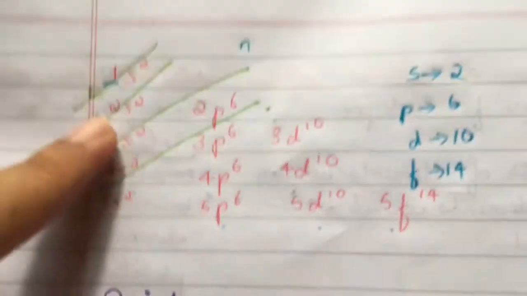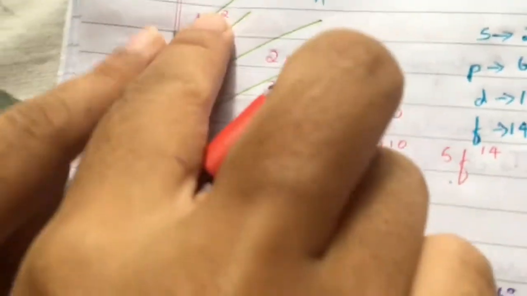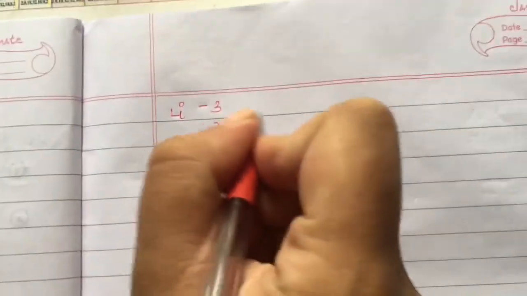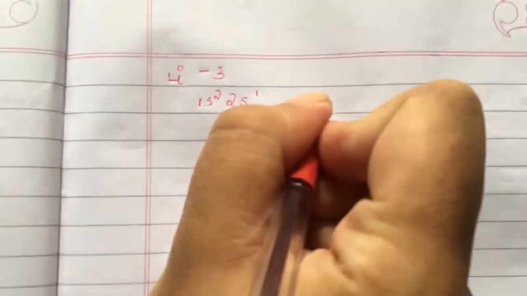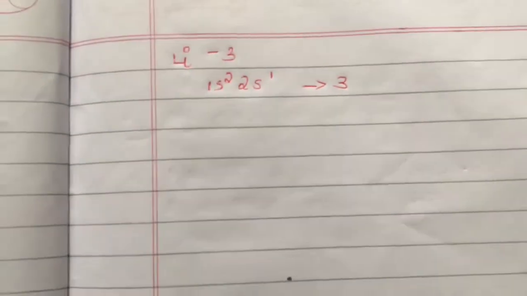After that comes 2s. The maximum in the s subshell is again 2, but here only 1 is left, that is 3. This is the way to write the electronic configuration.